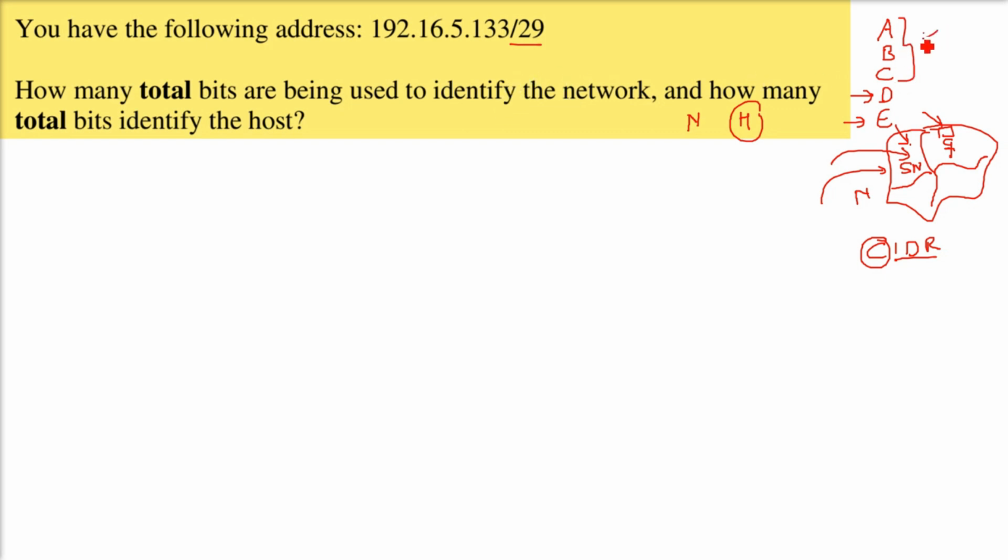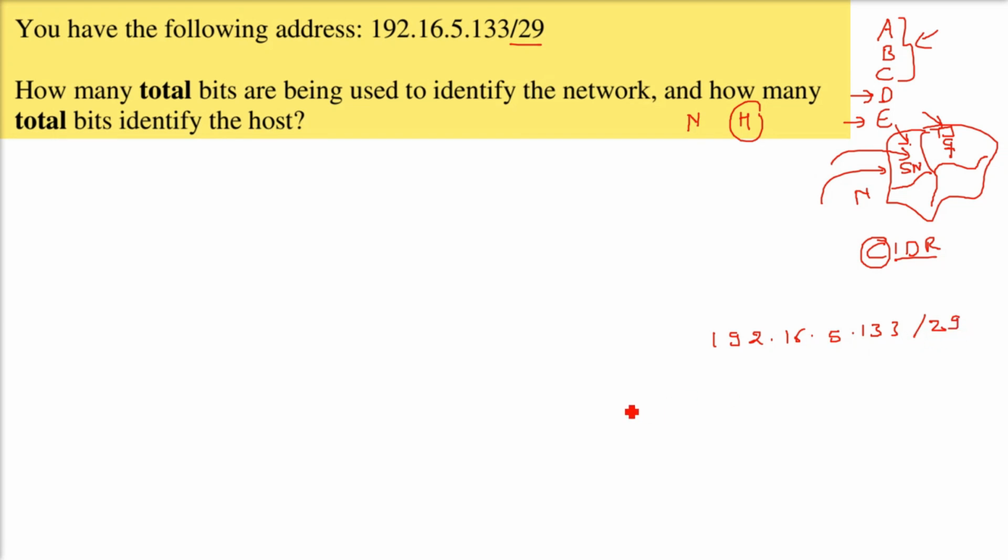And the rules are that all the IP addresses will be contiguous. But whenever you have this /29 or /n, we have 192.16.5.133. We don't have to worry about anything, only /29.